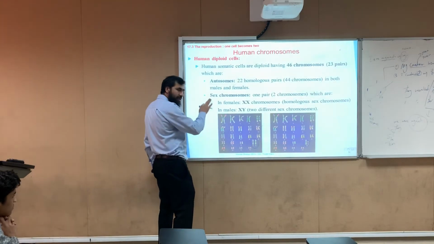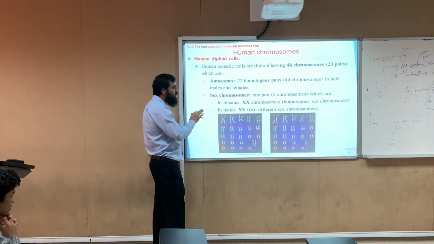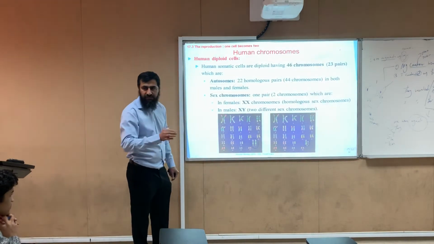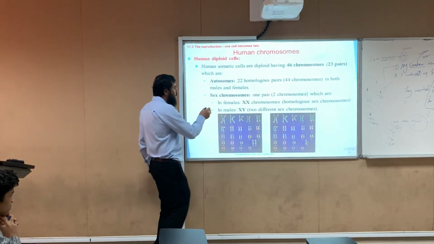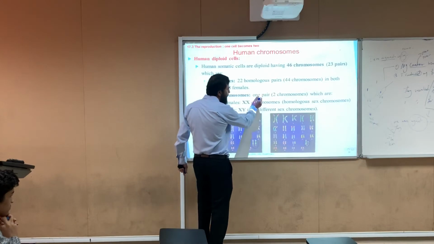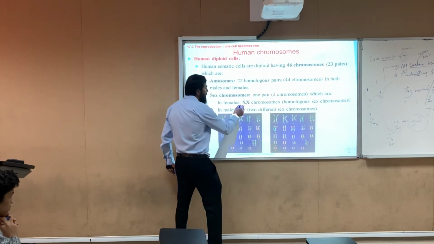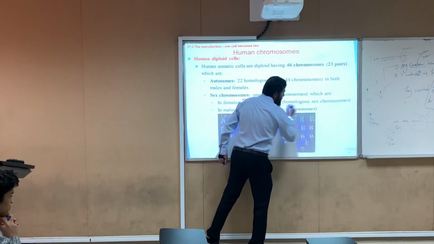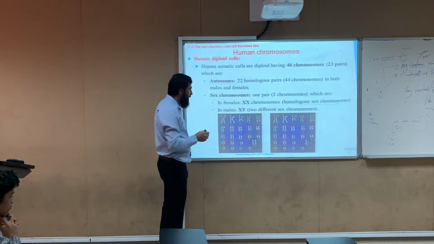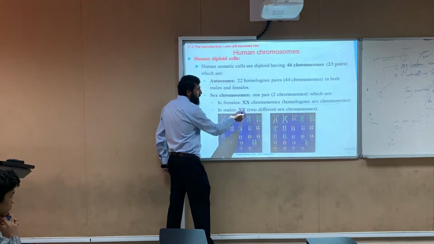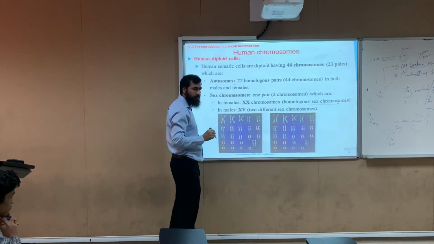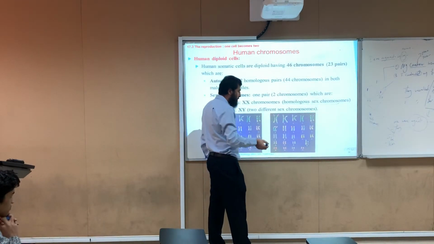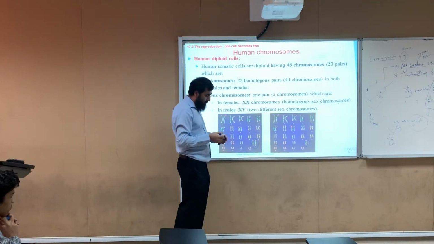We find those in both male and female. But when we look at the sex chromosomes, it's different. In the sex chromosomes, we have one pair. In the female it's XX, so it's homologous. Remember that. In the male, it's XY, 2 different chromosomes, non-homologous.